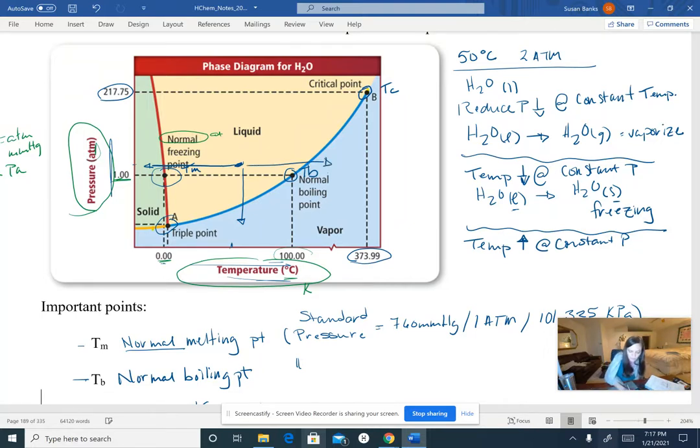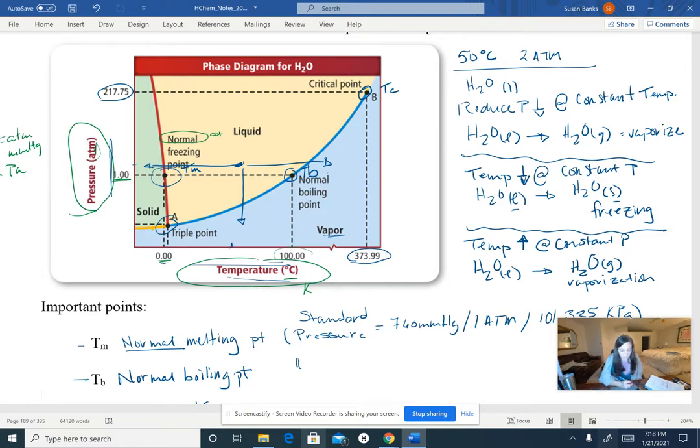So I would go from the liquid state to the gaseous or vapor state. So liquid to gas is vaporization, where I would vaporize. So that's how you read phase diagrams.